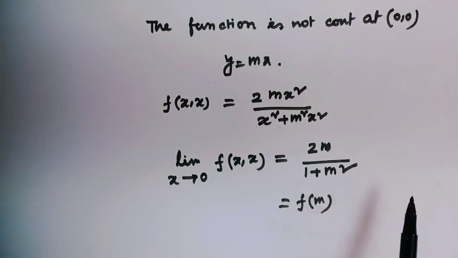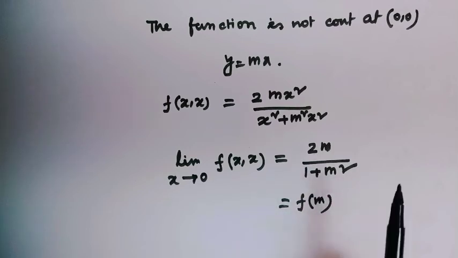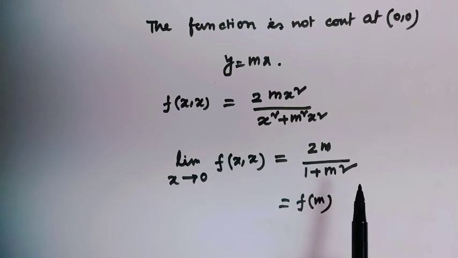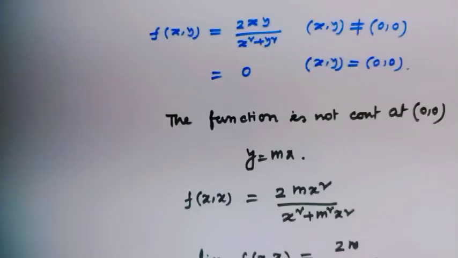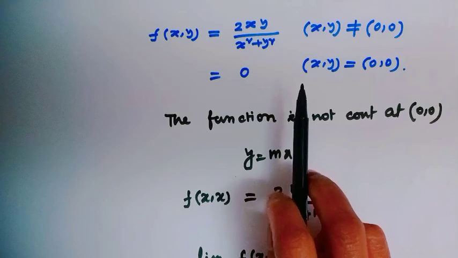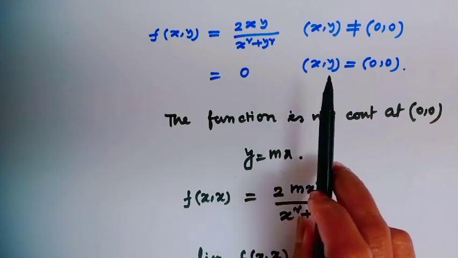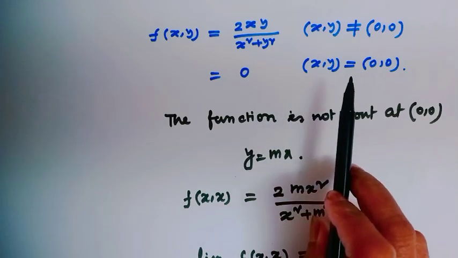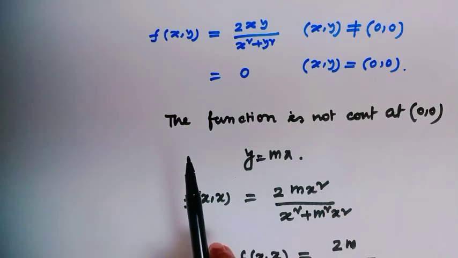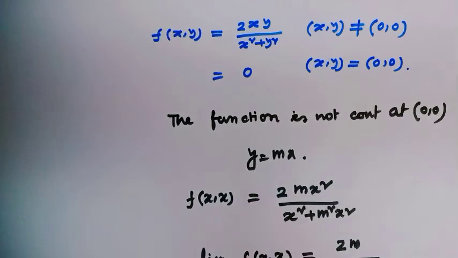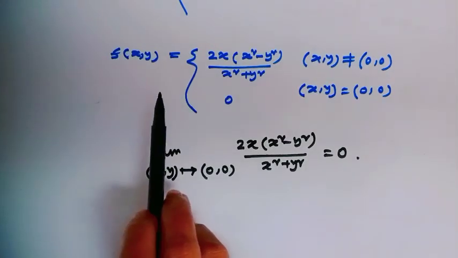We all know this cannot be continuous because this function depends on different values of m. So this function does not have continuity at the point (0,0). So the function is not continuous. Okay? Let's see another example.